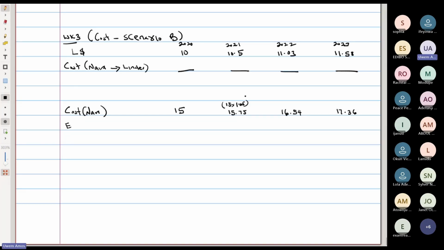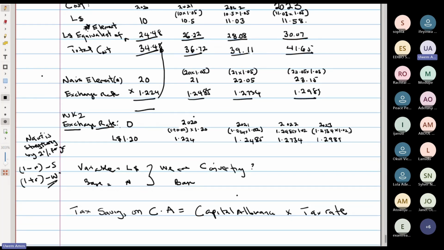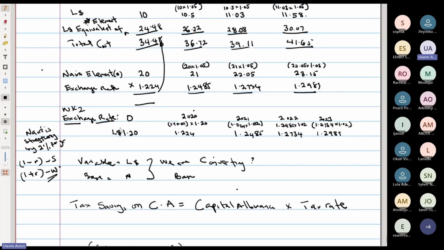It's the exact same thing as scenario A. So if you're struggling with how we computed the exchange rate, please make reference to our first class because we need to make progress. So I'm just going to copy the exchange rate down. So the first one is 1.224.